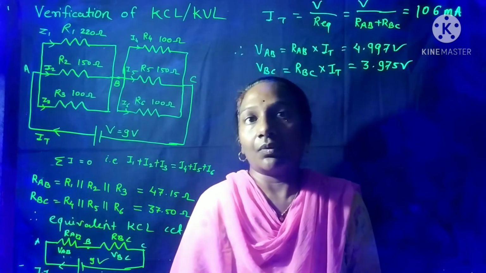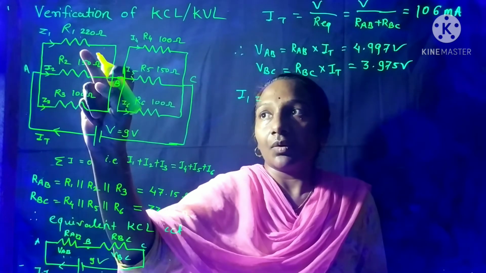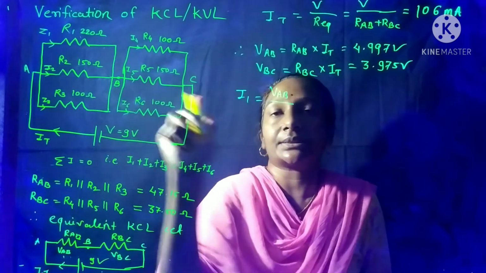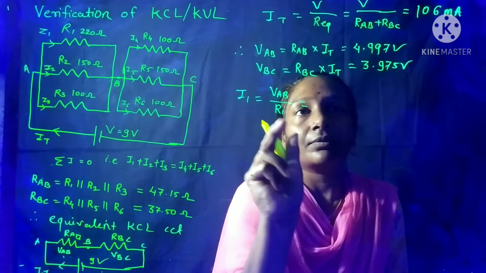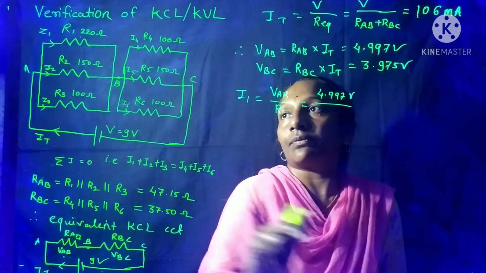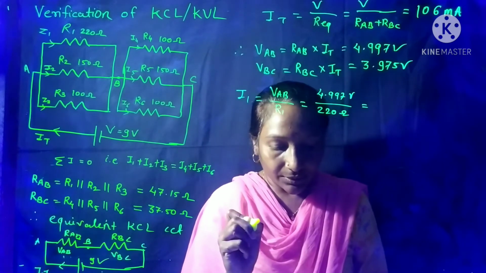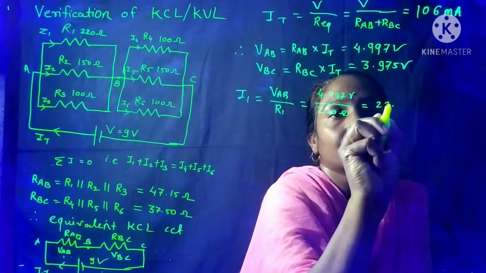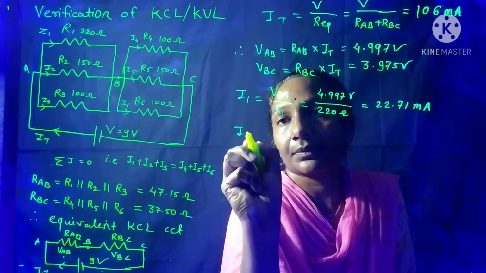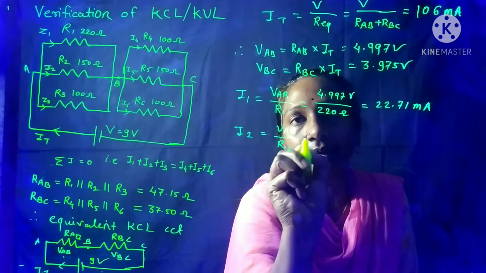Therefore, according to Ohm's law, the current I1 is equal to VAB divided by R1. VAB is 4.997 volt and R1 is 220 ohm. Therefore, the current is 22.71 milliampere.